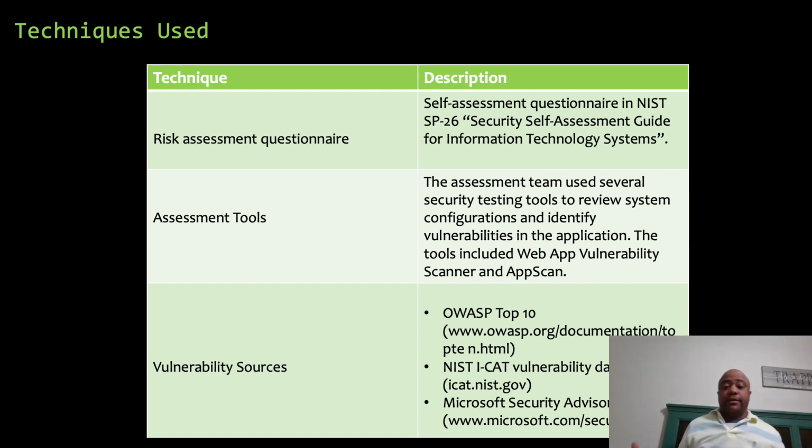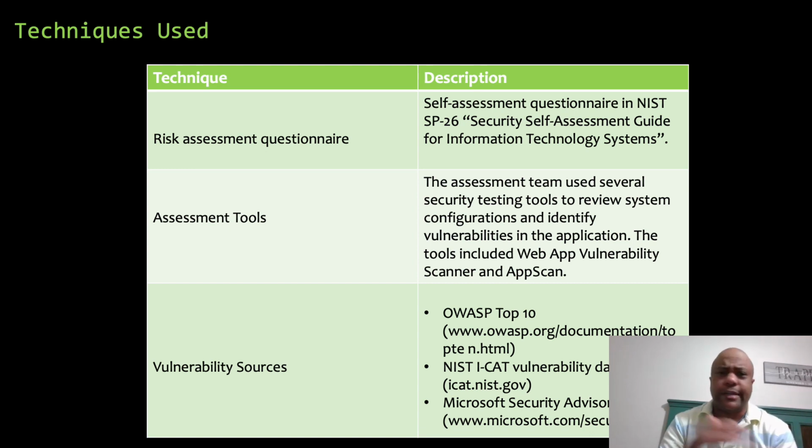We use several different security testing tools just to review the system configurations and to identify those vulnerabilities that are in the application. The tools included the web app vulnerability scanner and AppScan. And then we looked at vulnerability sources. We looked at the OWASP Top 10, the NIST 1 CAT vulnerability data, and then the Microsoft Security Advisory.